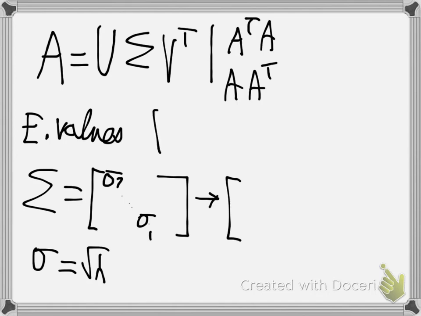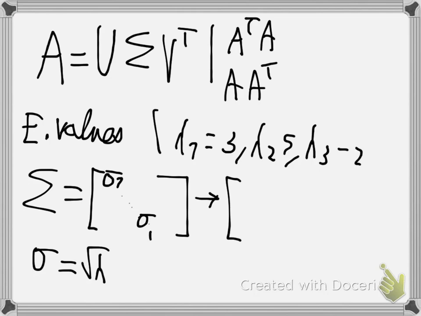Let's say, for example, you have lambda 1 equals 3, lambda 2 equals 5, and lambda 3 equals, let's say, negative 2. First of all, the negative sign doesn't matter. You only consider the length. The sigmas are called singular values, and they are just the square root of the eigenvalues.